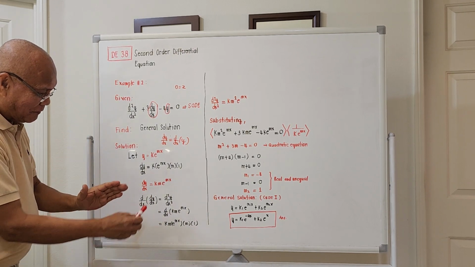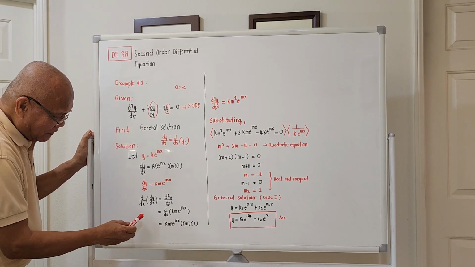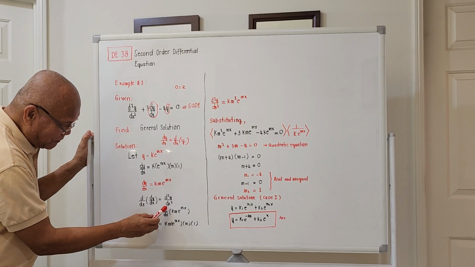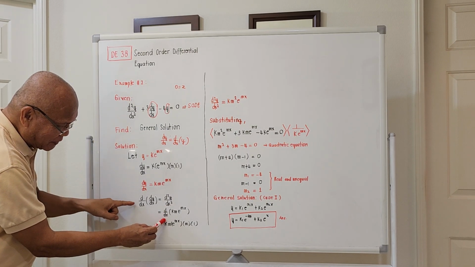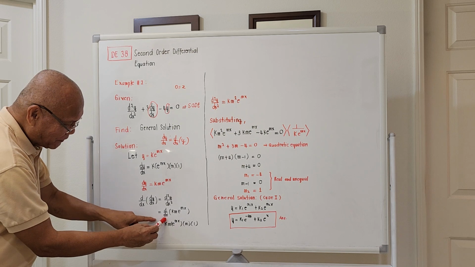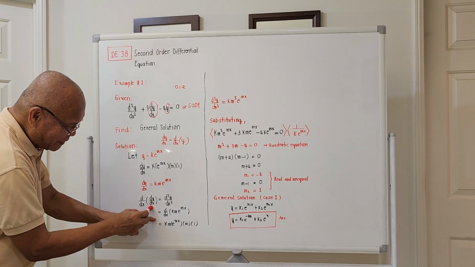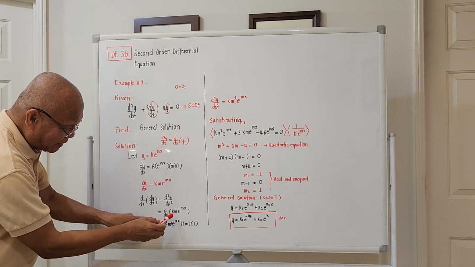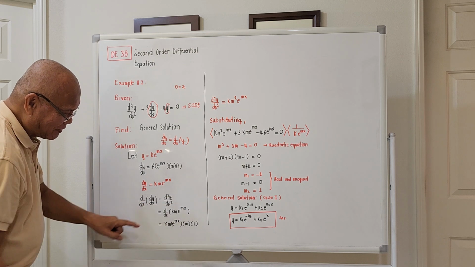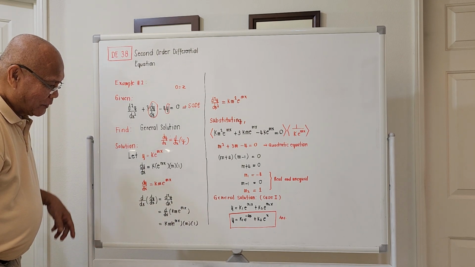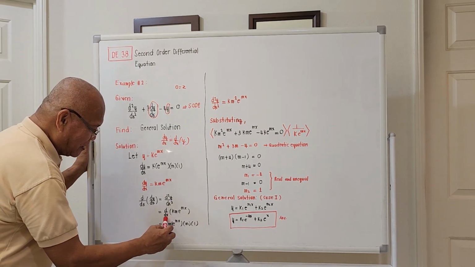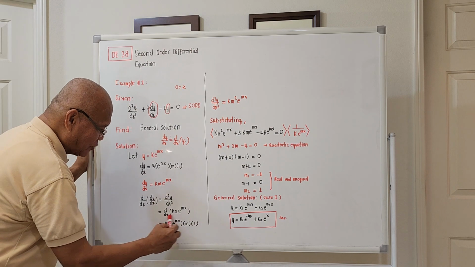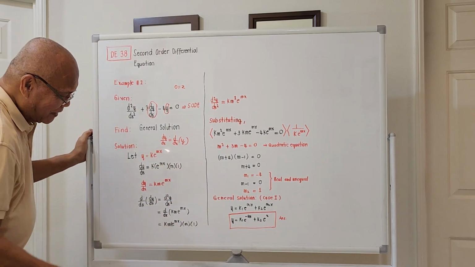So substituting values, this should be the differential with respect to x times, what's the value of dy dx? dy dx from this is actually km e raised to mx. Okay? We try to take again the differential of this with respect to x.